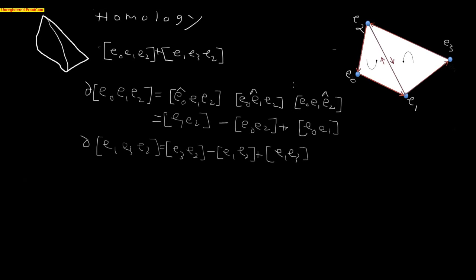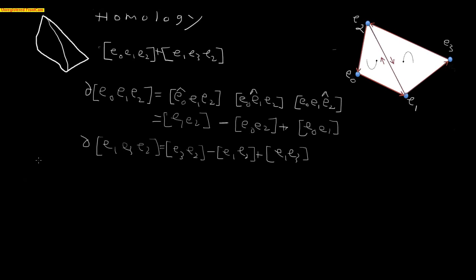And let's see if we get a consistent boundary here. Let's just start from E3 to E2. Then it says go from E1 to E2, but of course we have this minus sign, so it really is from E2 to E1, so that's fine. And then from E1 to E3, right? So that gives us this.